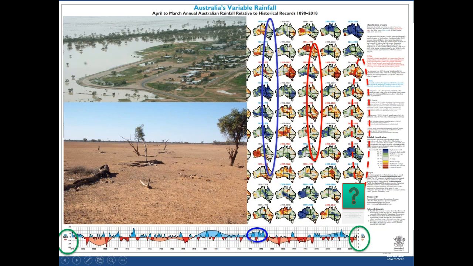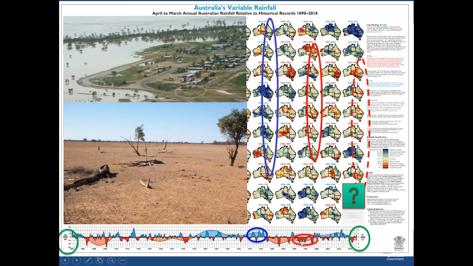If the IPO and the SOI are both acting in the same way, you'll get a double-up effect, like this 1970s here. You get an additive effect, and you'll get a double wet impact.